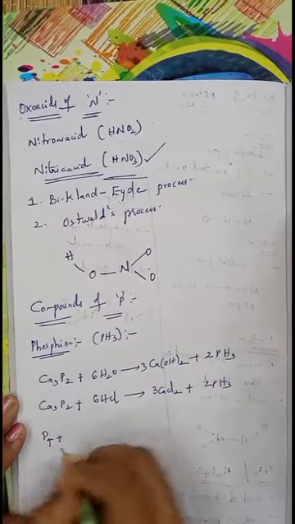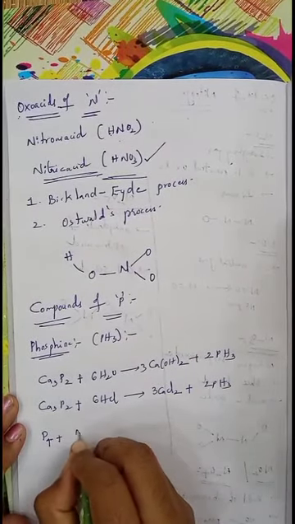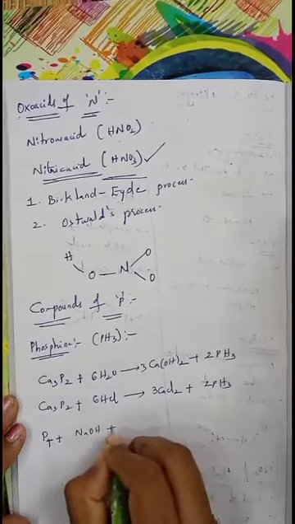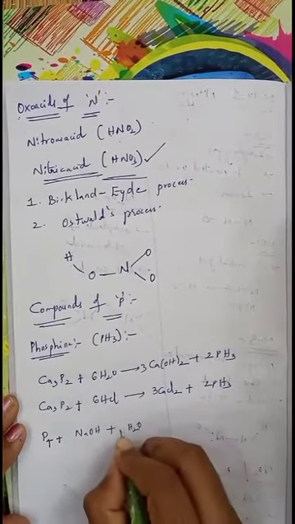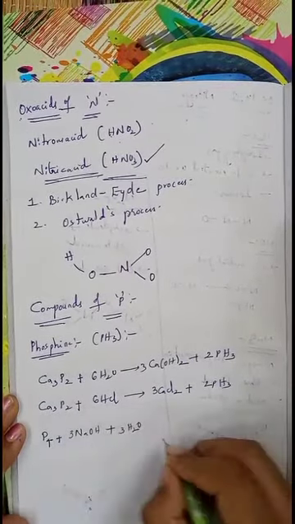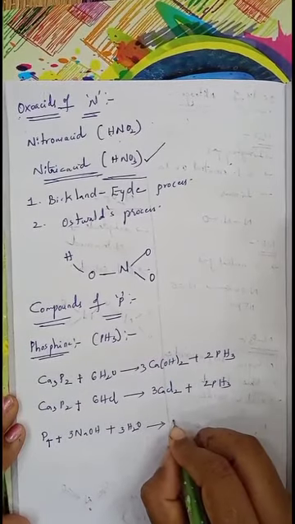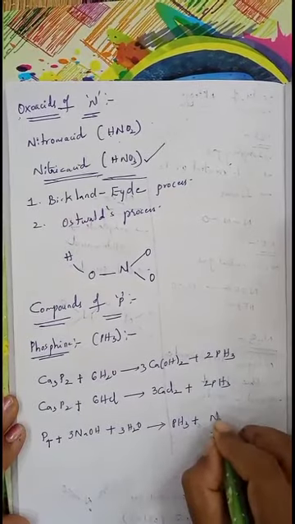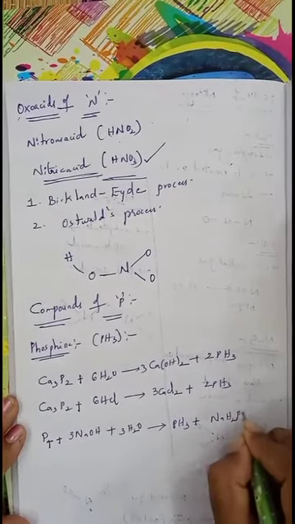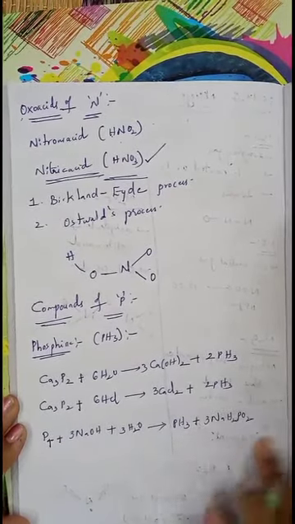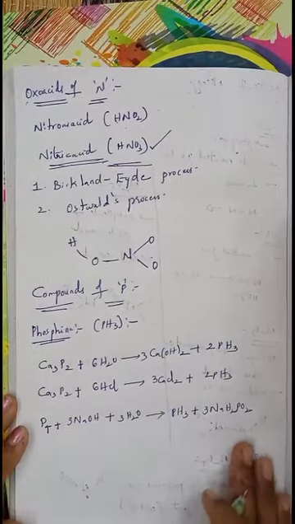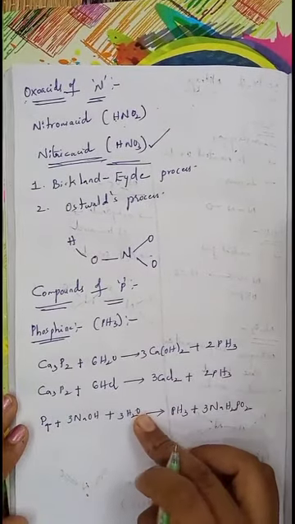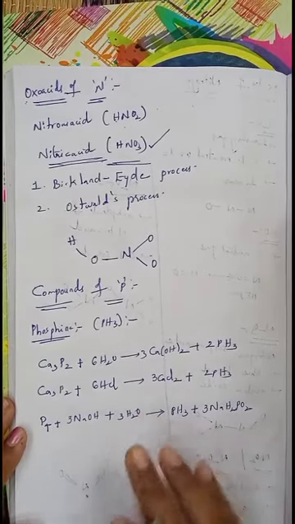When white phosphorus reacts with sodium hydroxide solution, NaOH and H2O, to balance the reaction take 3 moles of water and 3 moles of NaOH. It is converted into PH3 and releases 3 moles of NaH2PO2 as a byproduct. So by using these 3 important methods, we can easily prepare this phosphine.